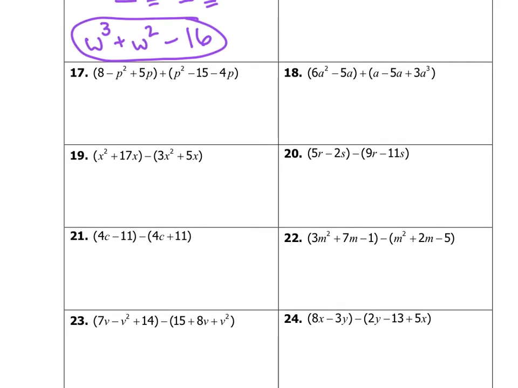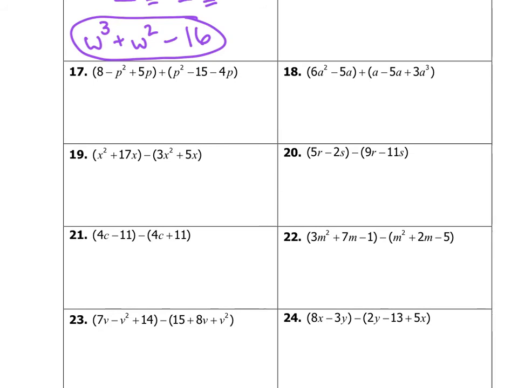As we look at 17, once again, the idea is the same. I'm going to switch colors up. We want to find, in each expression, the highest exponent that there is. In the first expression, I see that it's 2. In the second expression, I see that it is also 2. This is the highest exponent overall. So I need to combine these. I've got the negative p squared and the positive p squared.